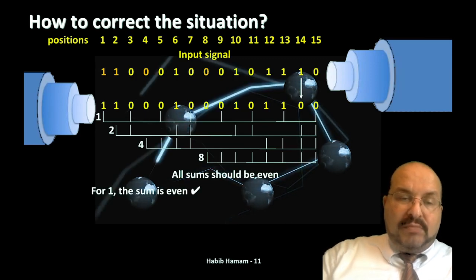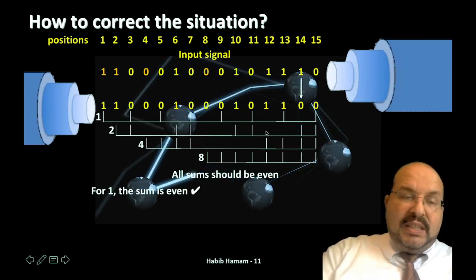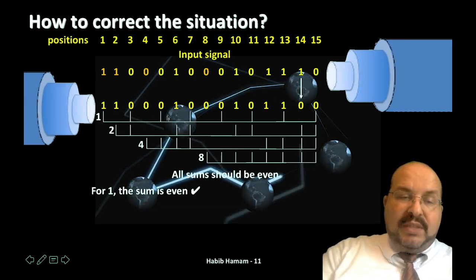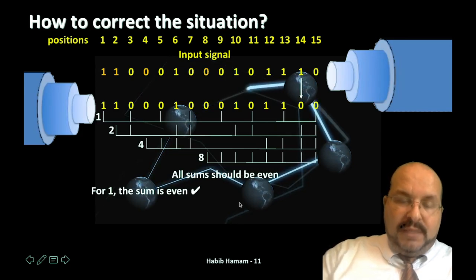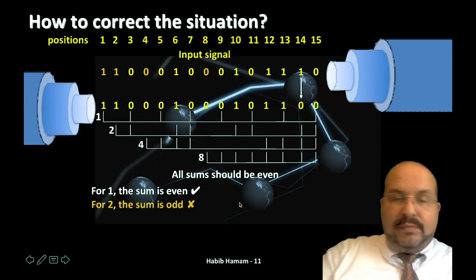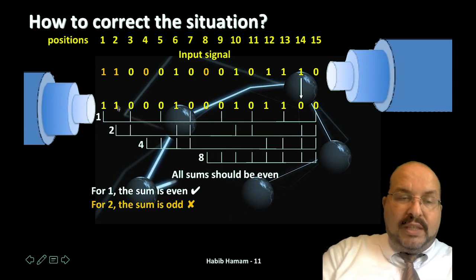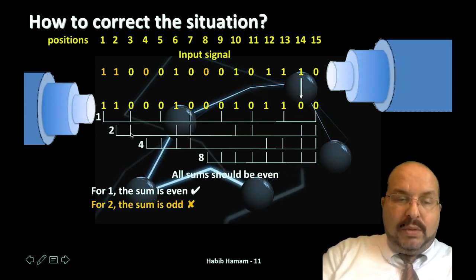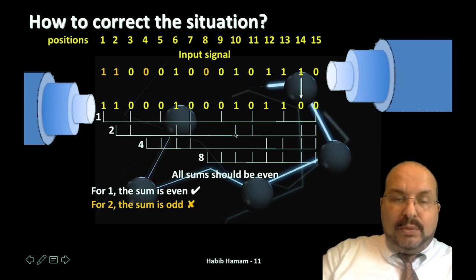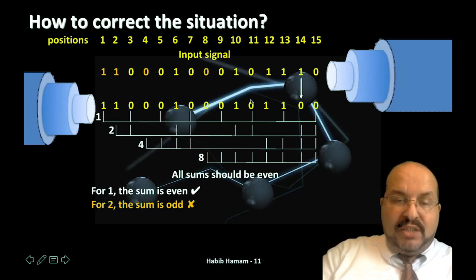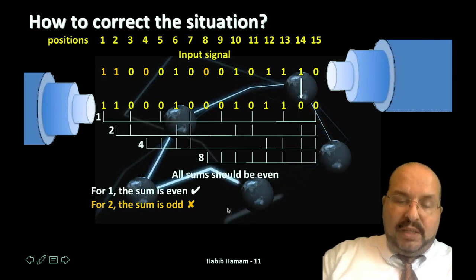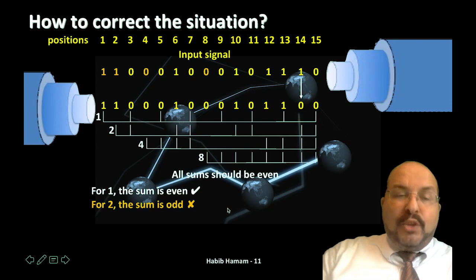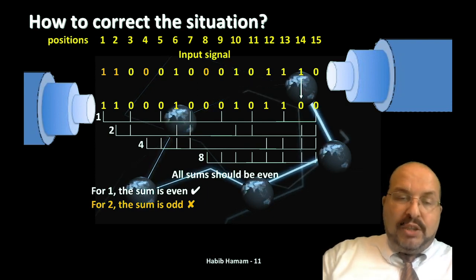For 1, if I calculate what is selected for 1, it gives me something even, it is fine. Now for 2, I know we can do it together. So for example, 1 plus 0 plus 1, it gives 2, plus 0, still 2, plus 1, 3, plus 0, 3, plus 0, plus 0. 3 is not even, so it's not good. So for position 2, the situation is bad.